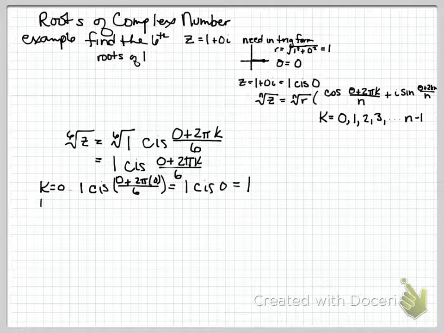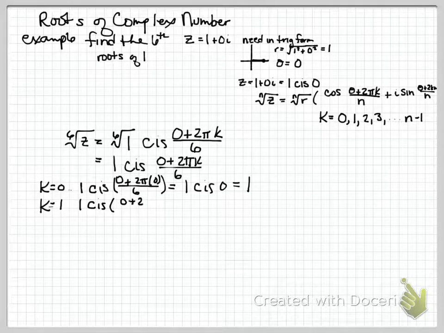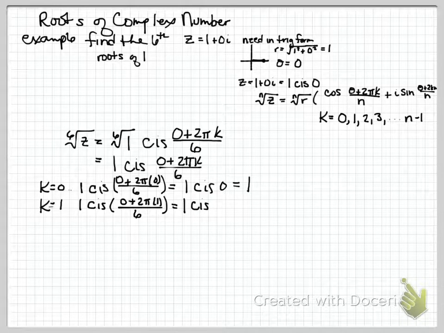Now, find k equals 1. So it's 1 cis of 0 plus 2 pi times 1 over 6. Simplify it, and that's going to be 1 cis of 2 pi over 6, which is pi over 3.